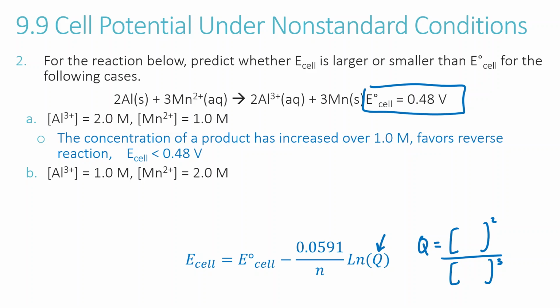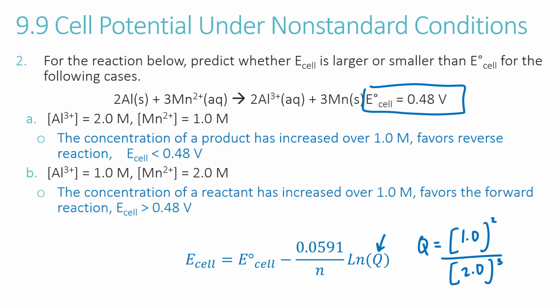So I'm going to plug in my aluminum plus 3 on top, that's 1 molar, and my Mn plus 2 is 2 molar. So now this ratio becomes a little bit bottom heavy here. So that means there's too much products. So this is going to favor the forward reaction.